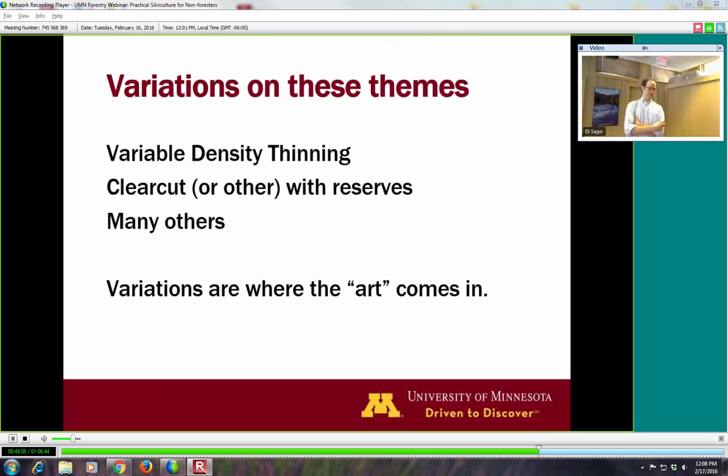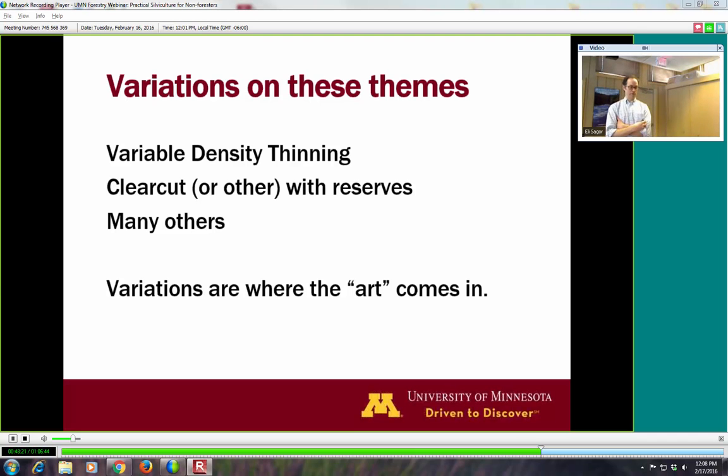And then there are just a ton of variations on these themes. So I've gone through the theoretical, ideal versions of each of these systems, but in practice things are often done very differently, either in combinations of these different approaches or in other ways.